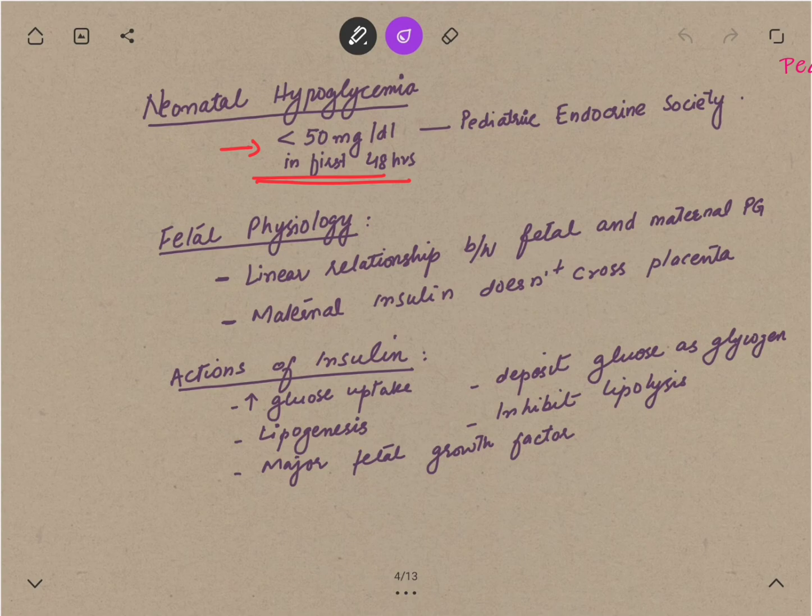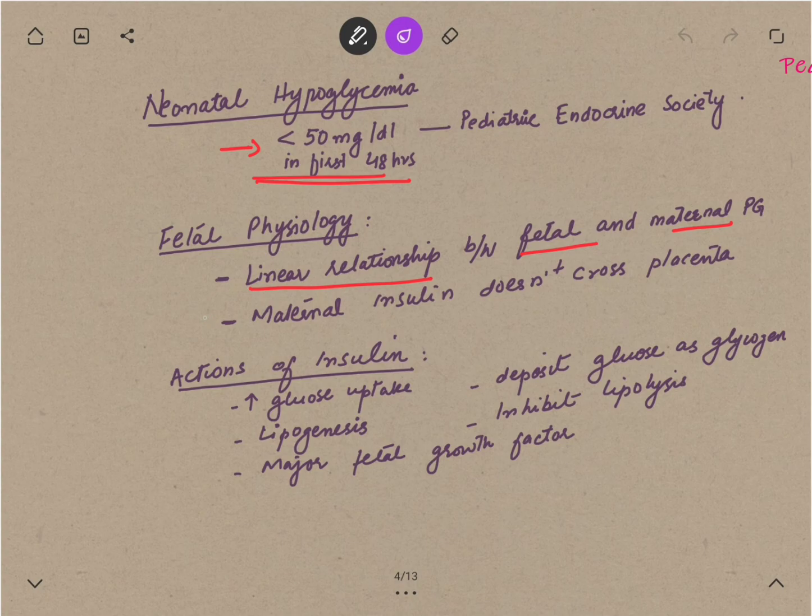Okay, so we need to learn some basic concepts in fetal physiology. The first thing we need to know is that there is a linear relationship between fetus and mother regarding maternal plasma glucose, which means that the higher the mother's plasma glucose, the higher the plasma glucose of the infant.